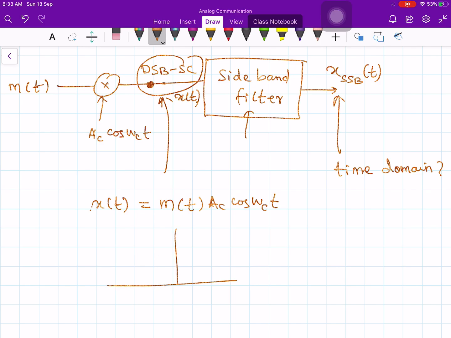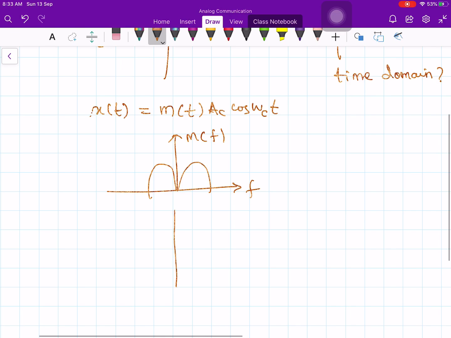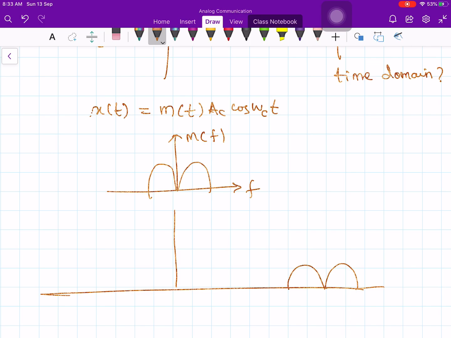Let us say this is my M of f, capital M of f, the spectrum of your message signal. Your DSB spectrum will be like this, and then like that.